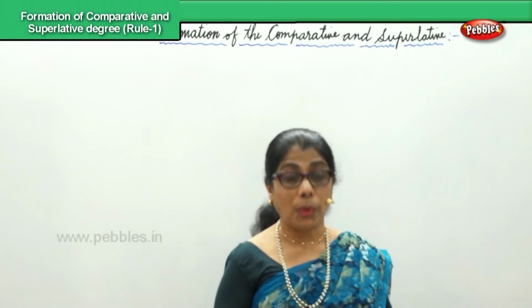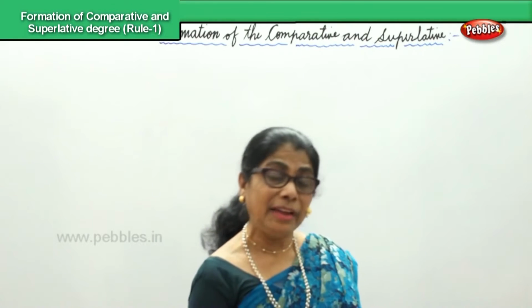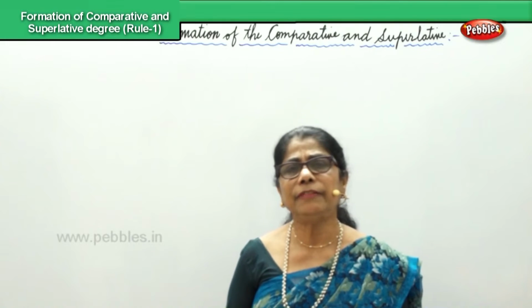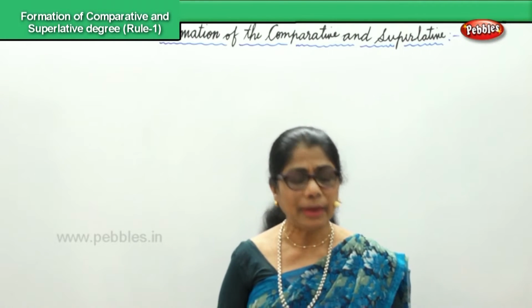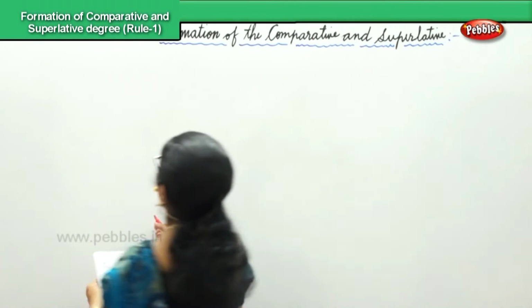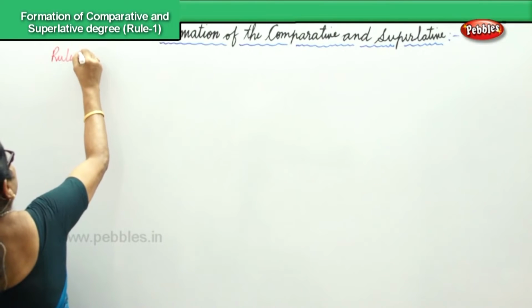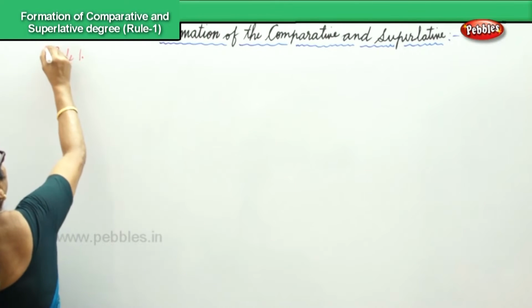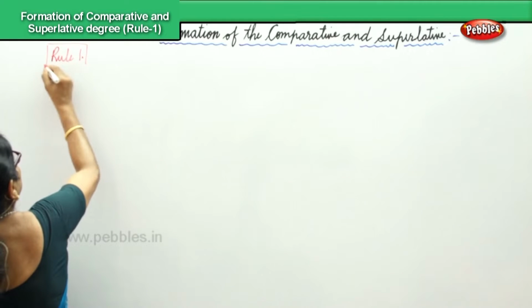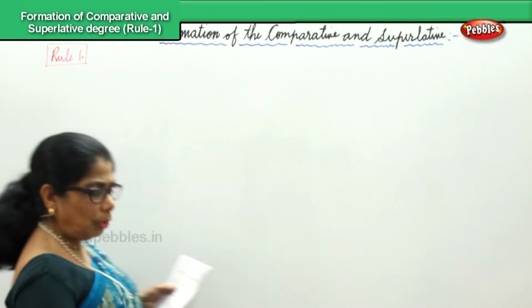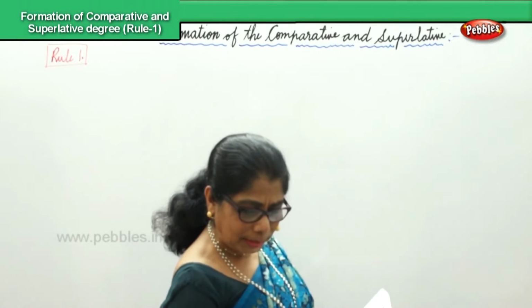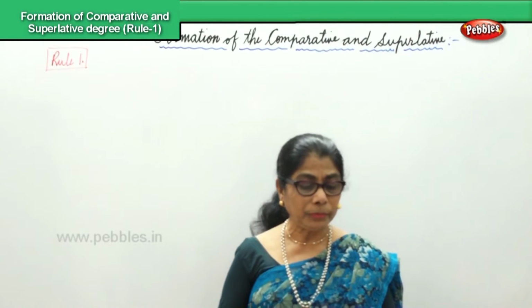Now, there are 5 rules we are going to follow in the formation of comparative and superlative. So let's look at rule number 1. What does the rule number 1 say?